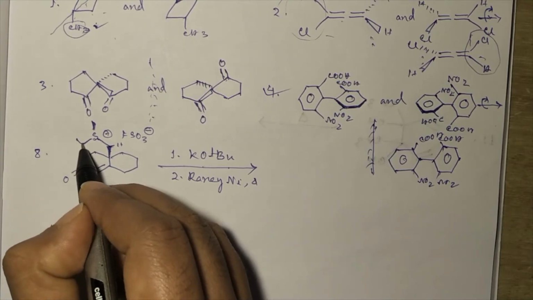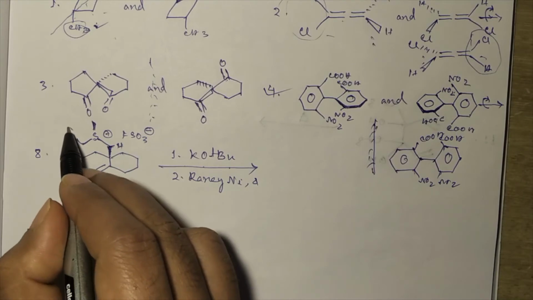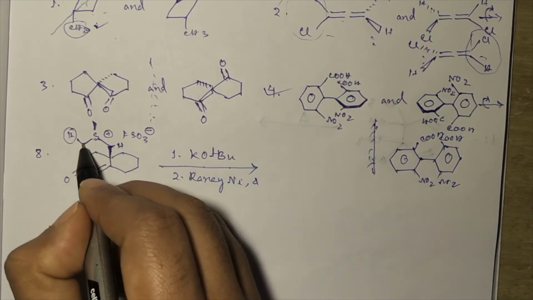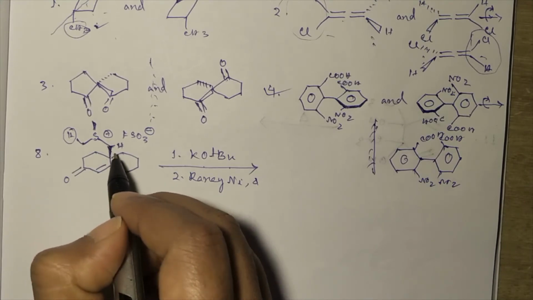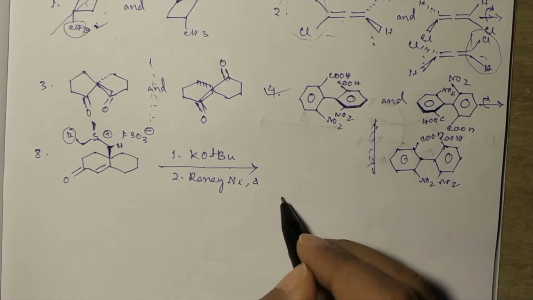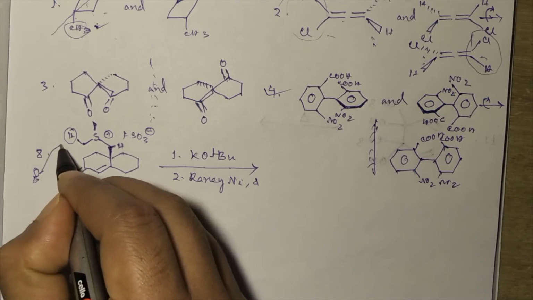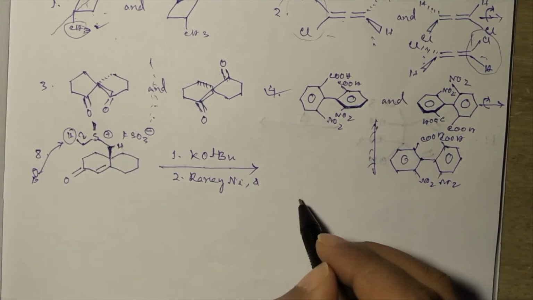Now between this hydrogen and this hydrogen, which one is more acidic? This one is more acidic, because this is 1 degree and this is 2 degree. Now this potassium tertiary butoxide base will abstract this proton, and the corresponding sulfur ylide will be formed.